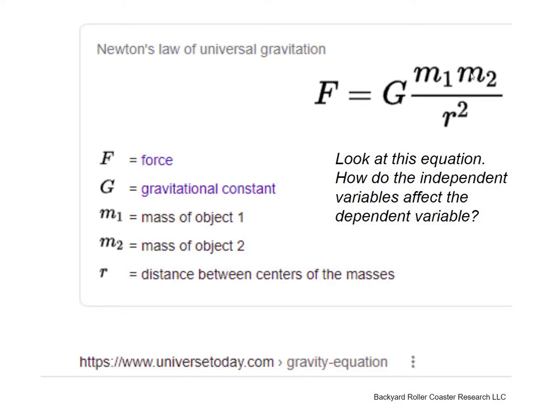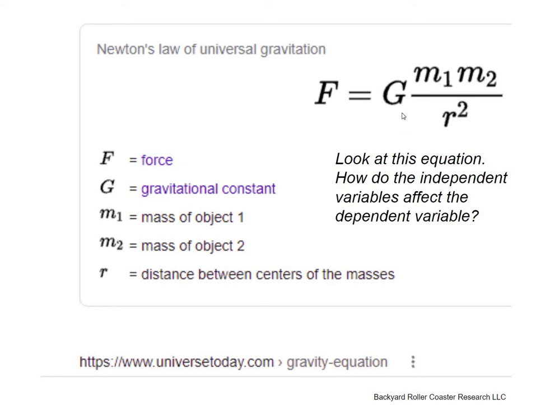My mass and the mass of the Earth go into M1 and M2. The R is the distance between the center of the two masses, between the center of me and the center of the Earth. That's that distance. And that will give us a force. Okay, and that's what gravity is, a force between two masses.